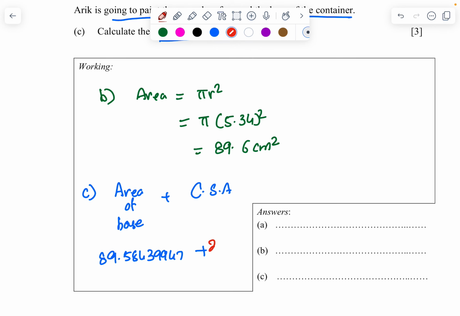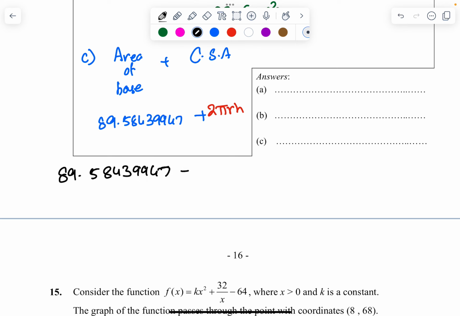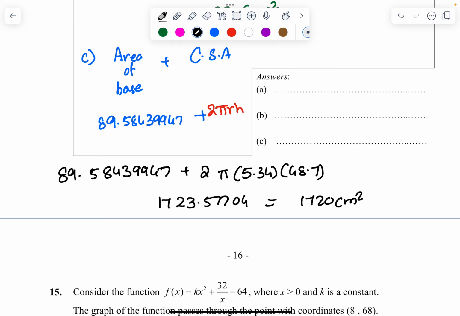Curved surface area formula is 2 pi r h. So 89.58439947 plus 2 times pi times radius 5.34 and height 48.7. Simplify by calculator, you should get 3 significant figures as 1720 centimeters square.